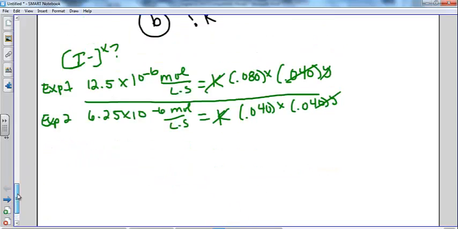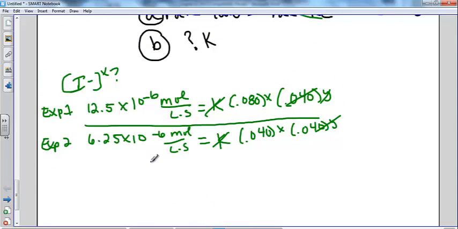It makes the math a lot easier. So now what I've got to do is divide these numbers out. 12.5 times 10 to the negative 6 divided by 6.25 times 10 to the negative 6 is going to be 2, and 0.08 divided by 0.04 is going to be 2.0 to the X. X is equal to 1. So for iodide, it's going to be first order. That's what we would plug back into the reaction.